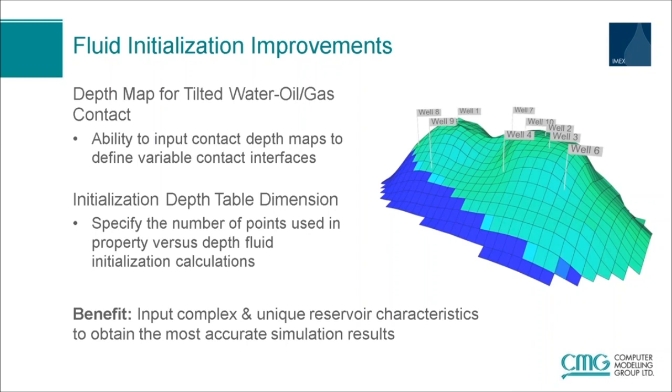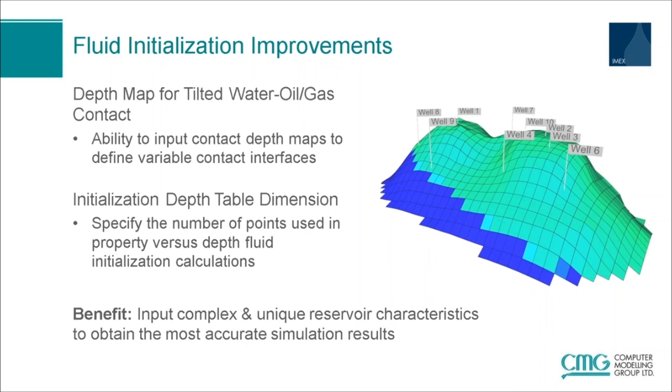A second improvement is the user can now specify the number of points that are used in the property versus depth fluid initialization calculations. So essentially the number of points would have been determined internally by the simulator previously, whereas now the user can define more points.